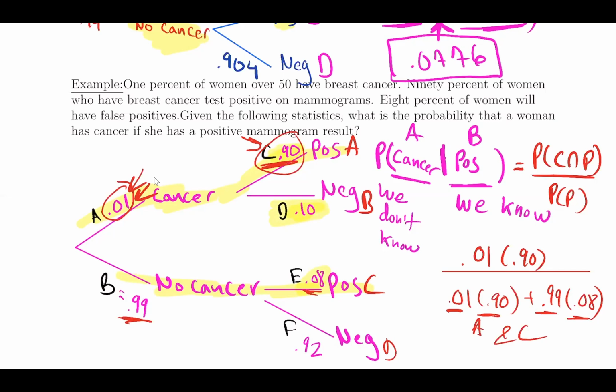But also, if you look at the 0.08, it comes from right here where it says 8%. So this 8% here is why we put 0.08 over here. Because if you look right here, it says 8% of women will have a false positive. So they're telling us 8% will have a false positive. False positive means that they don't have the cancer, but they tested positive for the cancer.